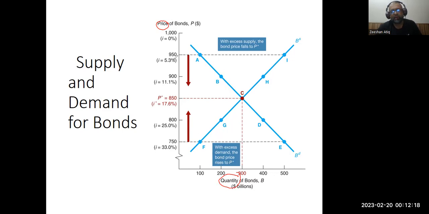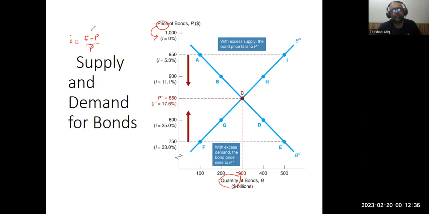So we are trying to create a link, because for every price there is a corresponding interest rate. You remember that the interest rate is a ratio: the difference between the face value and the price, divided by the price.